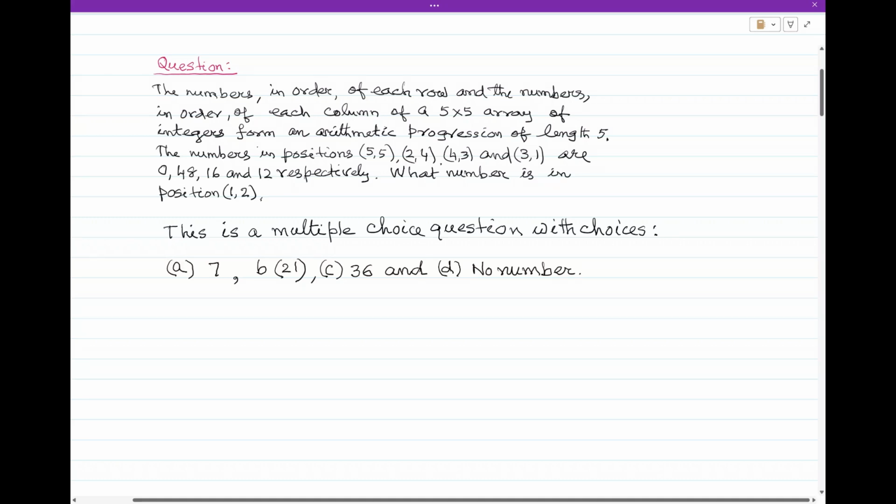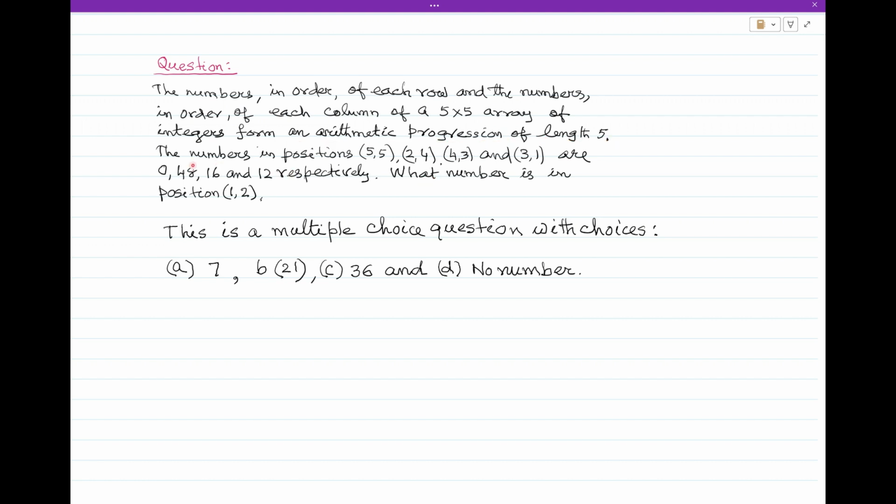The numbers in order of each row and the numbers in order of each column of a 5 by 5 array of integers form an arithmetic progression of length 5.